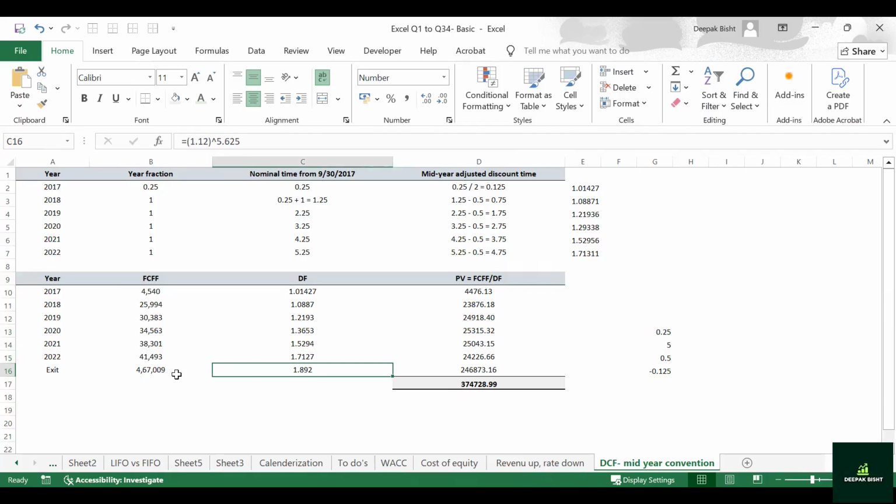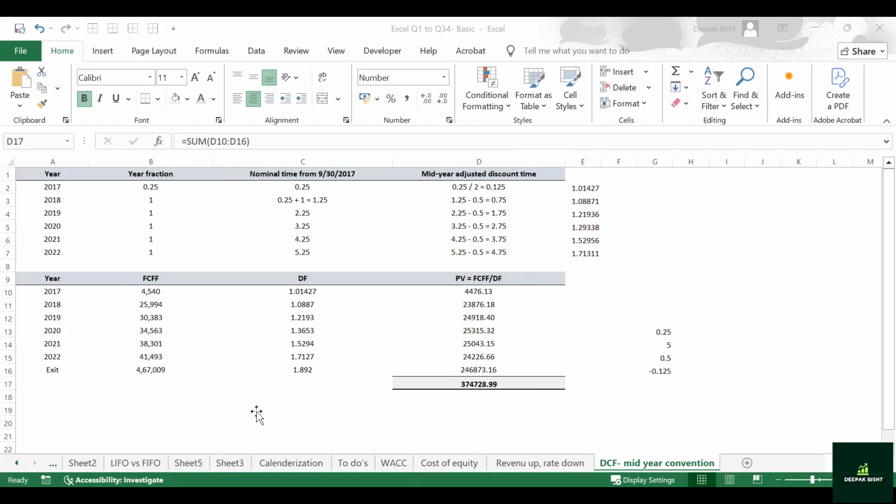This is when I calculated using my discounting period. I have discounted using this amount. So I have received this terminal value, and the total present value, the total enterprise value, would be 374,728, which is pretty much around 378.